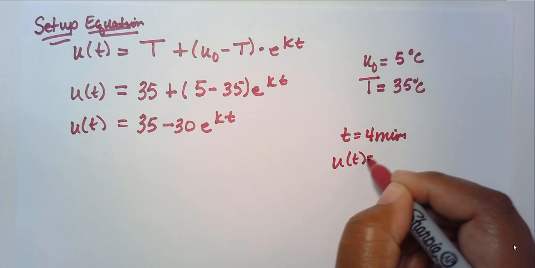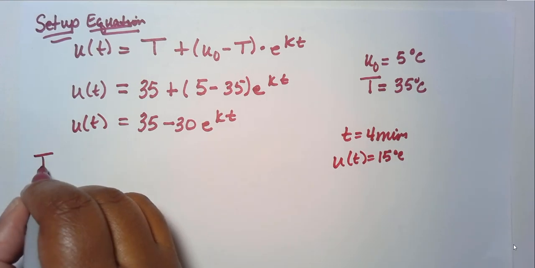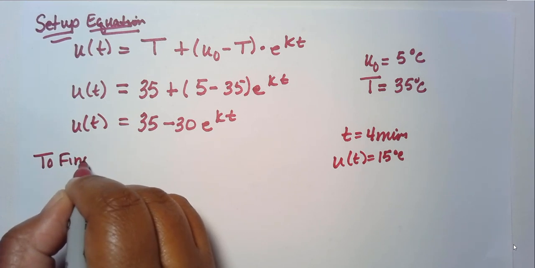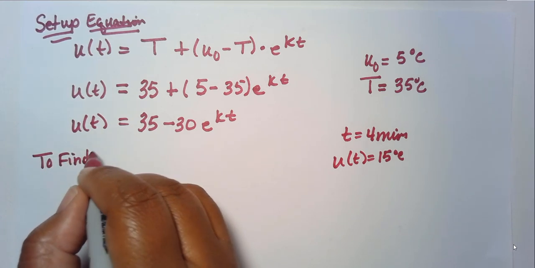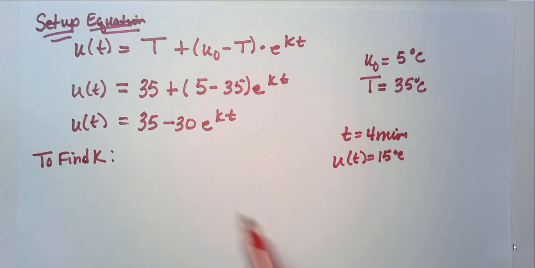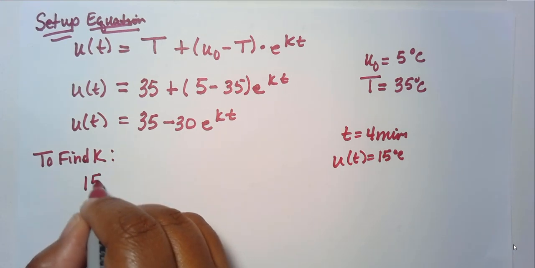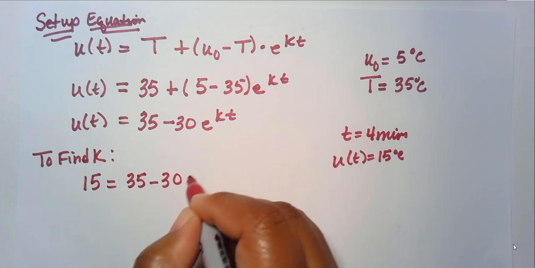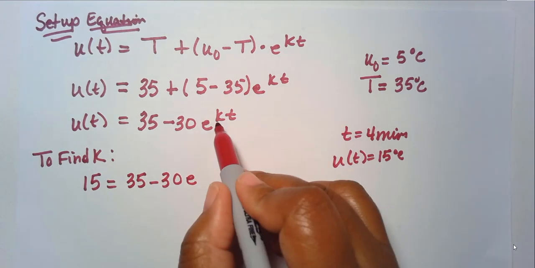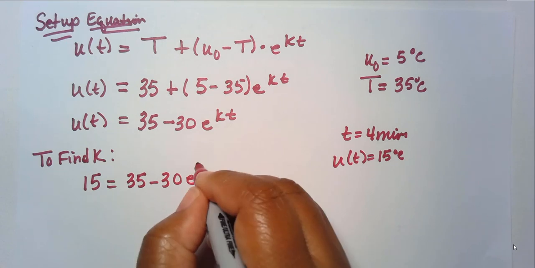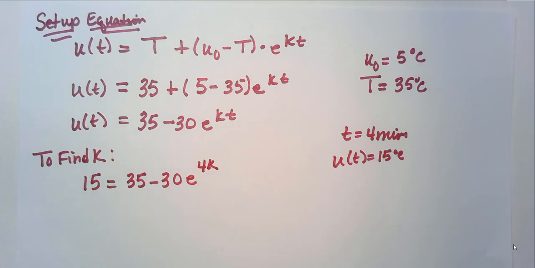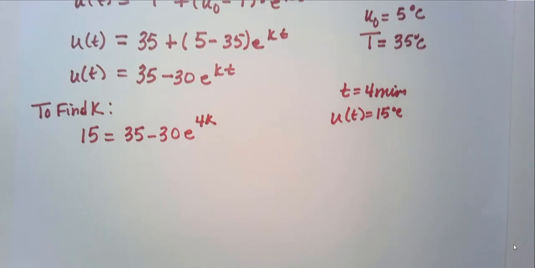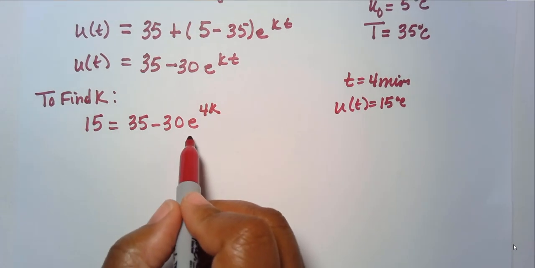Let's plug this in to find k. We have 15 is equal to 35 minus 30 times e to the k times 4, so 4k.